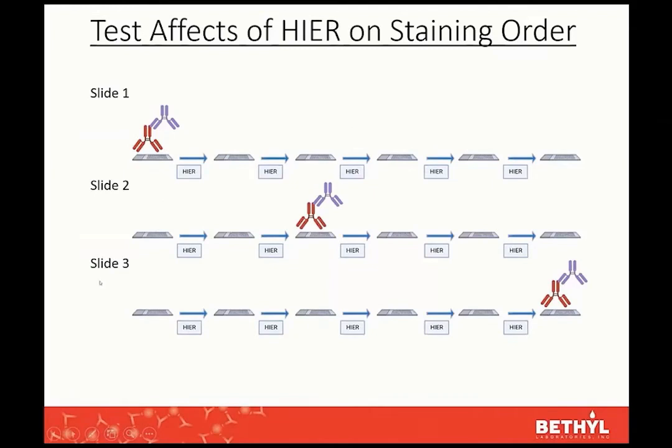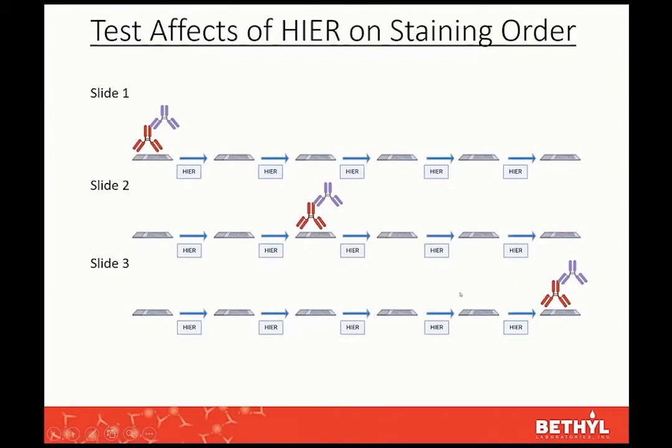So we're going to use fewer slides, 3 slides. In the first slide, we're going to stain at the first position and then go through each heat step all the way to the end. In slide 2, we're going to stain at the 3rd position, again doing all the required heat steps. And slide 3, we're going to stain at the end, also performing all the heat steps.